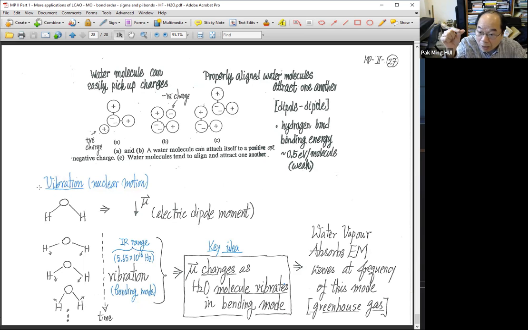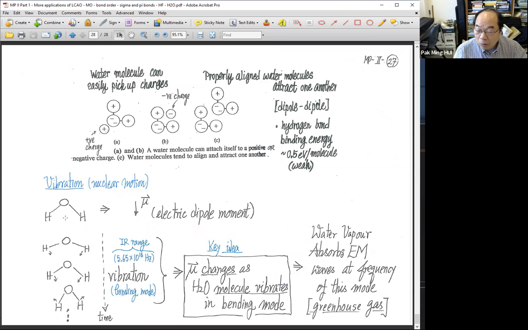Another thing I would like to mention here, we may go into that again after we talk about vibration and rotation of the nuclear part, the nuclear motion part. But water has some very interesting vibrational modes. So it is a mechanics problem. Once upon a time, I think you had 3 balls, a heavier mass, 2 lighter masses, and then you have 2 springs, things like that, okay?